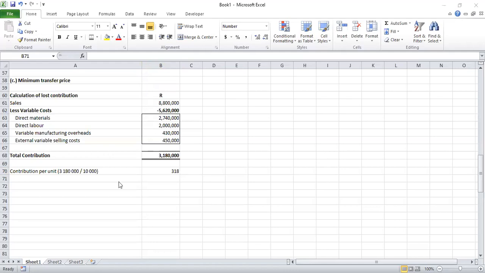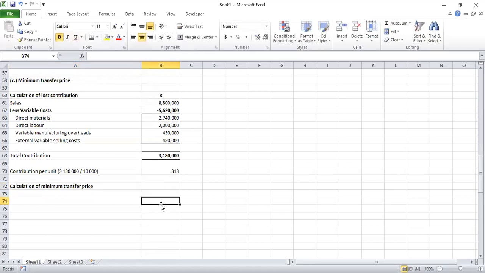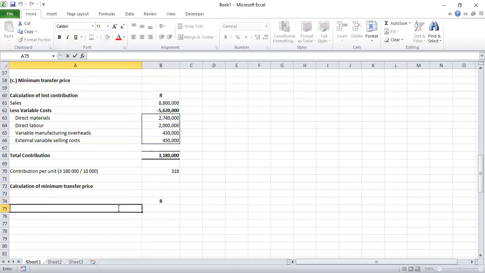So to calculate our minimum transfer price, we take our variable costs that have to be incurred for producing one unit, that is direct materials, which is, you can also work with totals and then divide: 2,740,000 divided by 10,000.